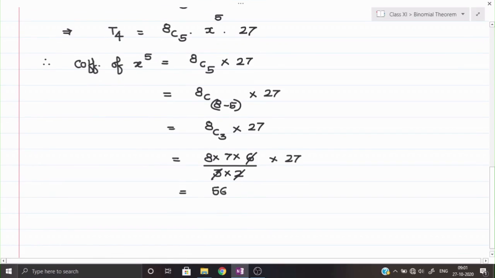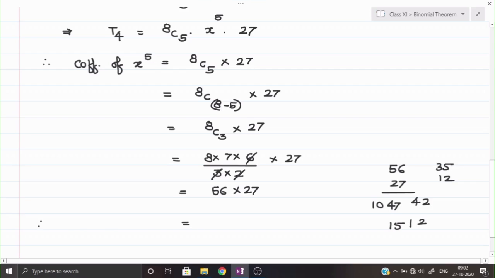So 56 into 27. If I multiply roughly here 56 and 27, 7 sixes are 42, 5 twos are 10, 35 and 12. So that will be 1512.